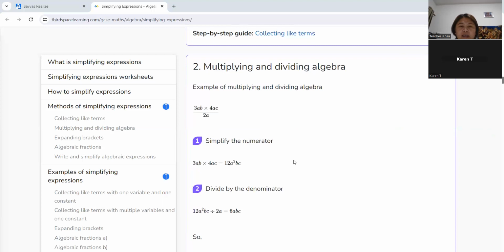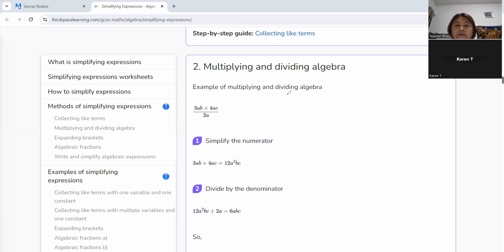The next is by multiplying and dividing algebraic expressions. Here is an example of multiplying and dividing algebraic expressions. We need to simplify first. The first thing you need to do is simplify the numerator first.